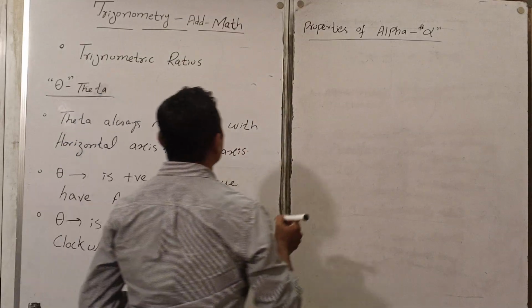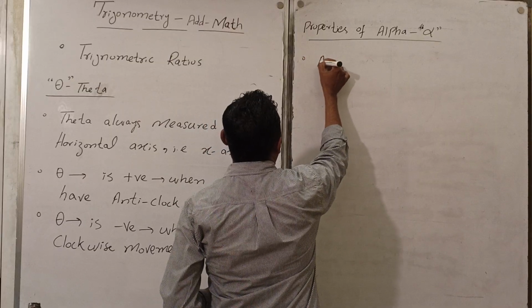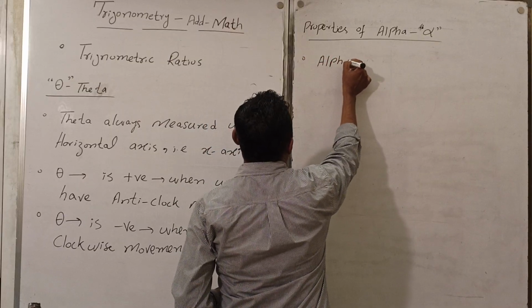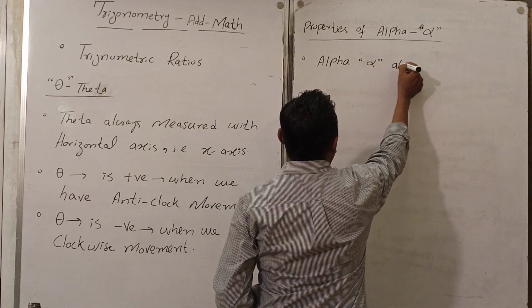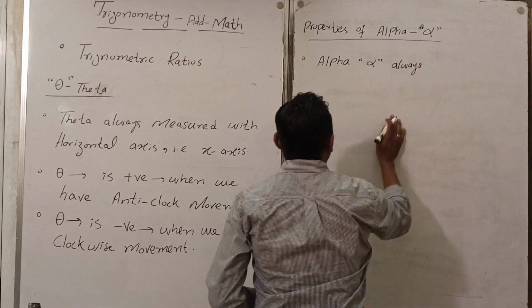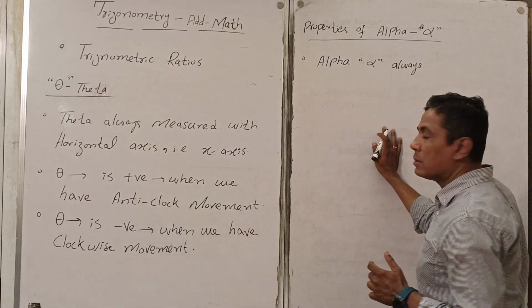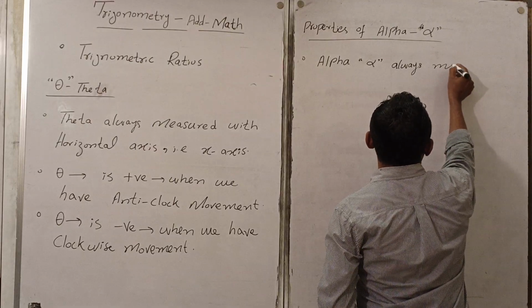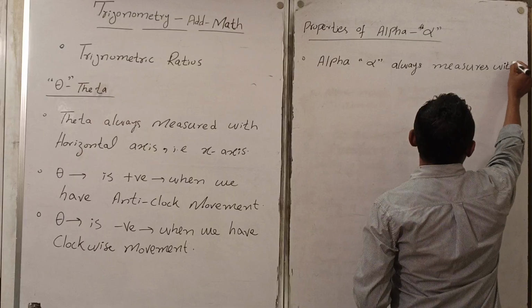Number one, again, alpha is always measured with the horizontal axis.